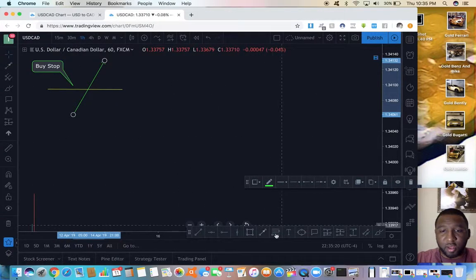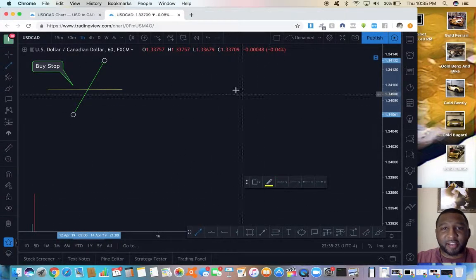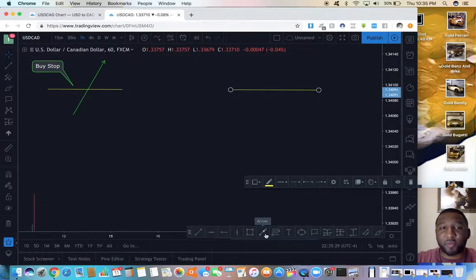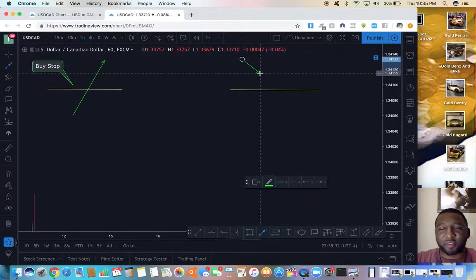Now, the opposite of a buy stop, obviously, would be a sell stop. So what do you think that would look like? It's a sell, so the market, same scenario. You're not physically looking at the charts, but you want to be put into a trade at a particular point in time.